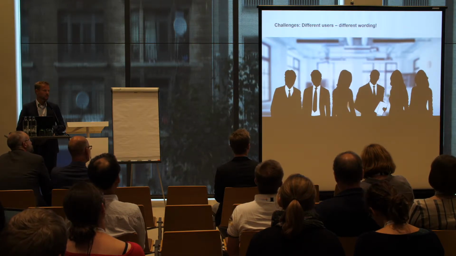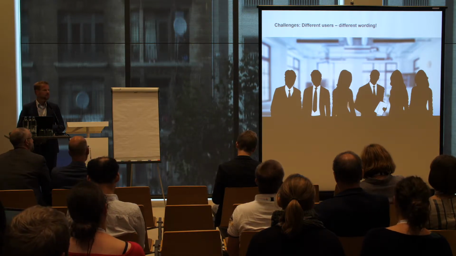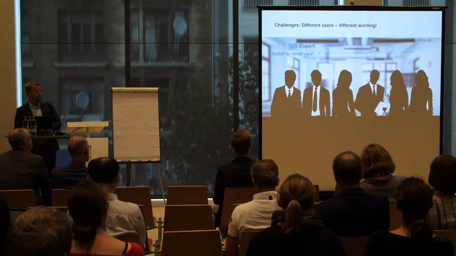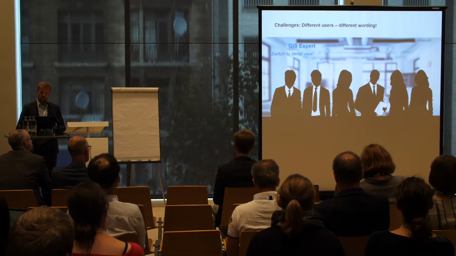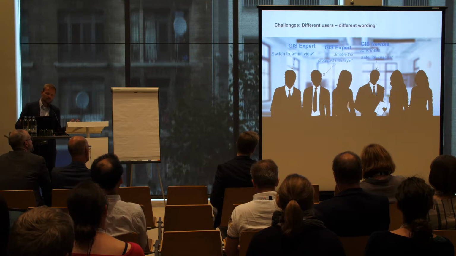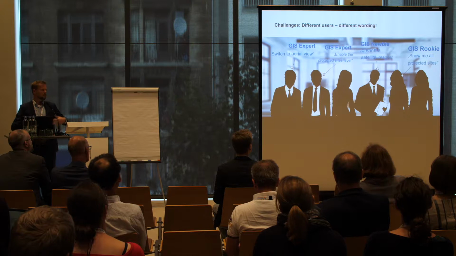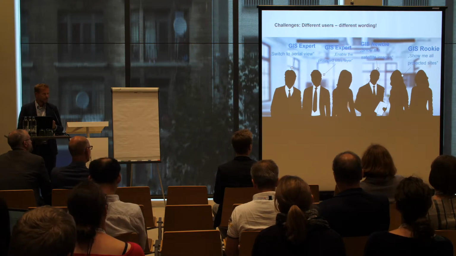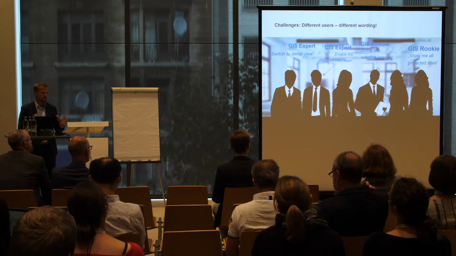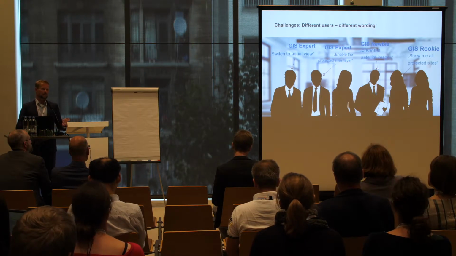And there are, of course, some challenges. One is, of course, that different users use different wording. So a GIS expert might say, switch to aerial view, and a GIS newbie says, show me satellite images, or enable the protected sites layer, and another one says, show me all protected sites. So they all mean the same in the end, but the wording is different, and the RASA controller and the software have to decide, okay, what does he mean, what is his intention, and what are the entities he's interested in.